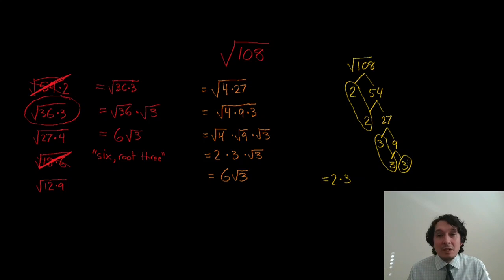But see how we have one more 3, this guy right here, that didn't have a partner, didn't have anything to match up with. And so this is going to be stuck inside the square root symbol. And so this is another way that we can use division to break numbers apart and then turn it into an answer. And once again, we get 6 root 3.